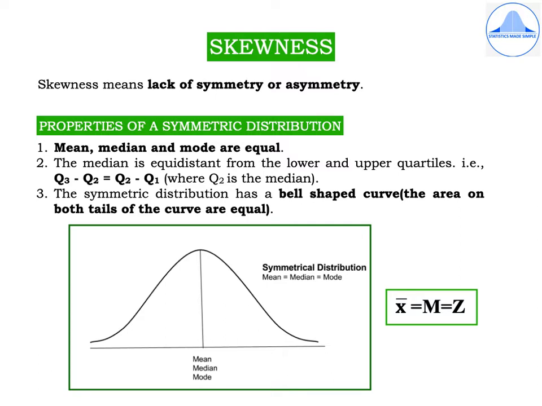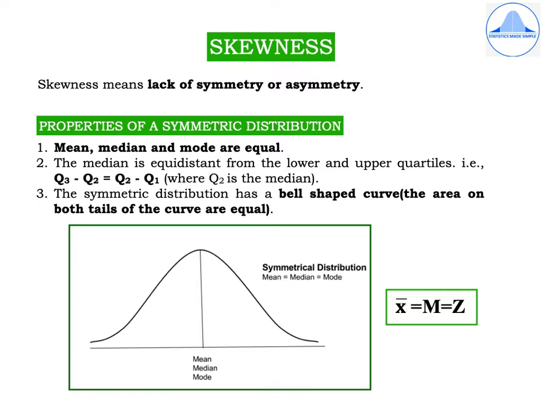The central line you see is the point where the mean, median, and mode are all equal. And you can also observe that the area on the right tail of the curve and the left tail of the curve are equal. So such a type of curve is called a symmetric curve, and the distribution is called a symmetrical distribution or symmetric distribution.